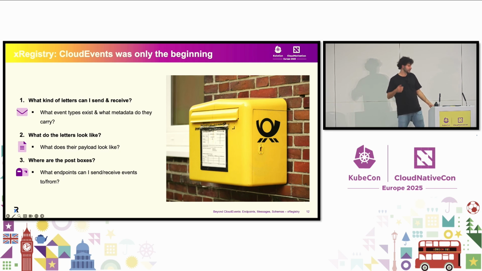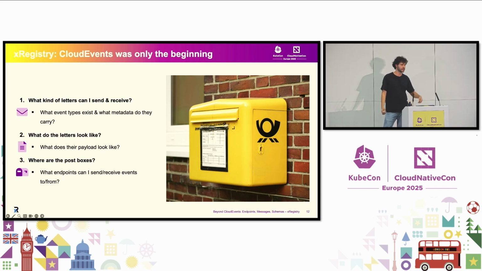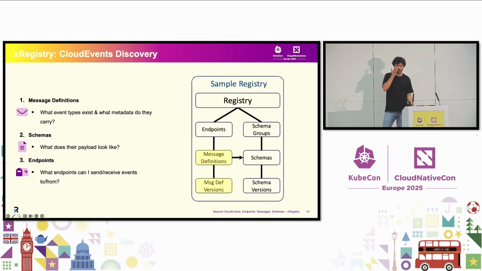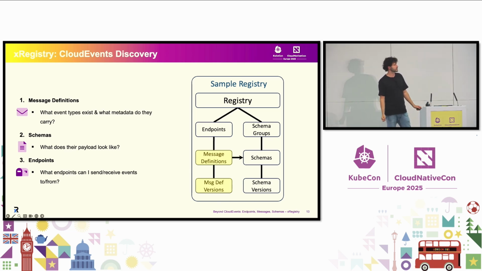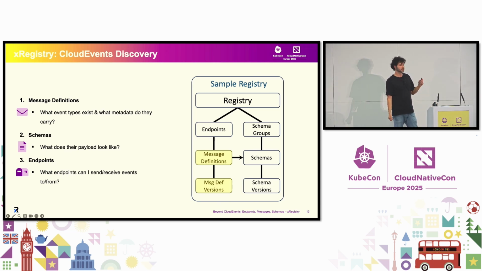So these questions came up in the CNCF serverless working group that has created CloudEvents first and then moved over to answer these questions. And we came up with something that we called CloudEvents Discovery. And it has these three entities here. So first is the message definitions. Those are our envelopes, the event types.